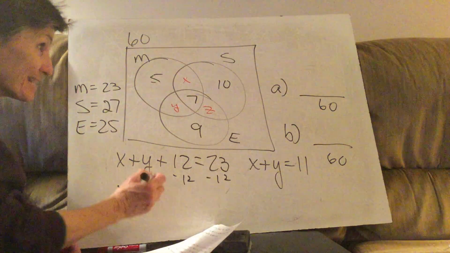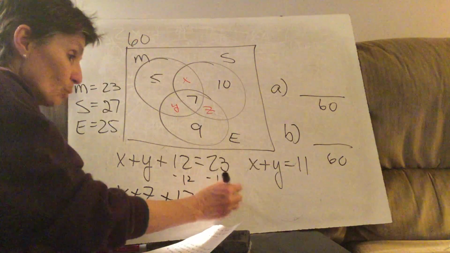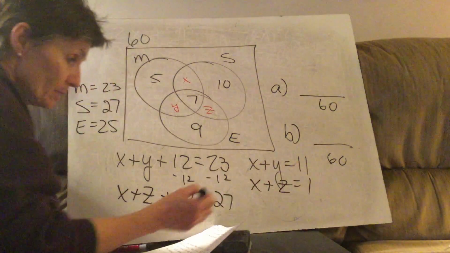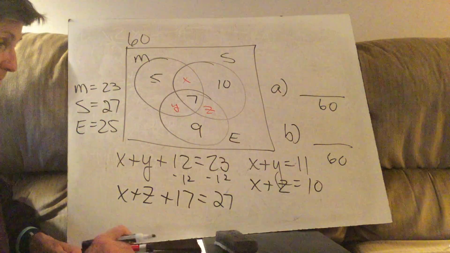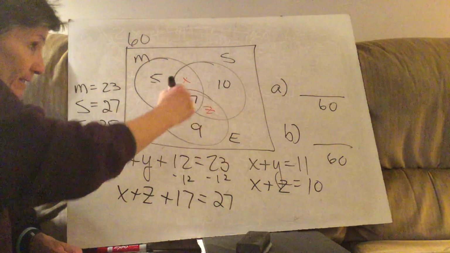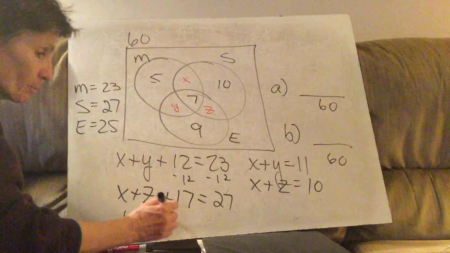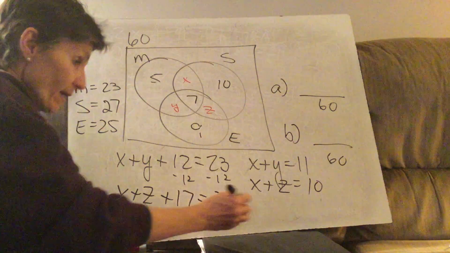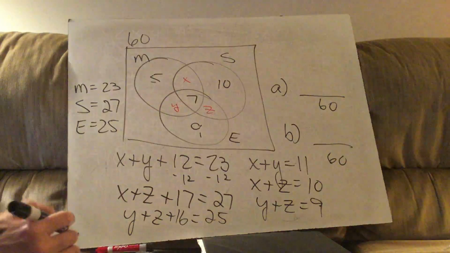X plus z plus 17 has to equal 27, so x plus z must equal 10. And finally, y plus z plus 16 must equal 25, so y plus z equals 9.